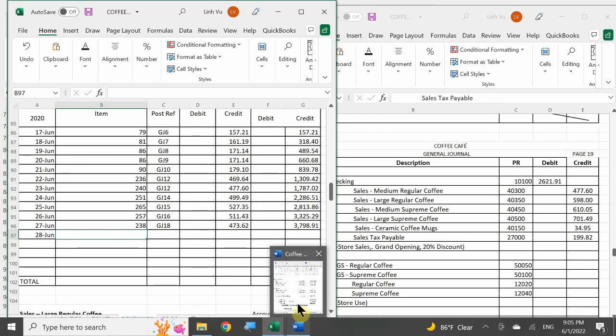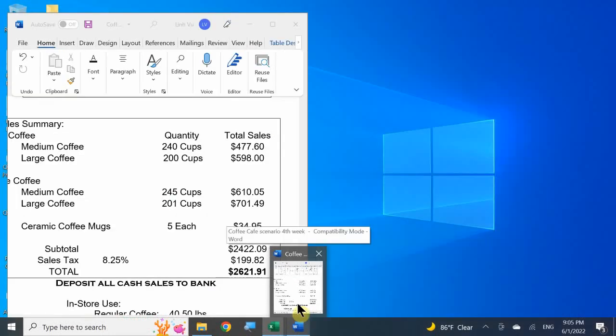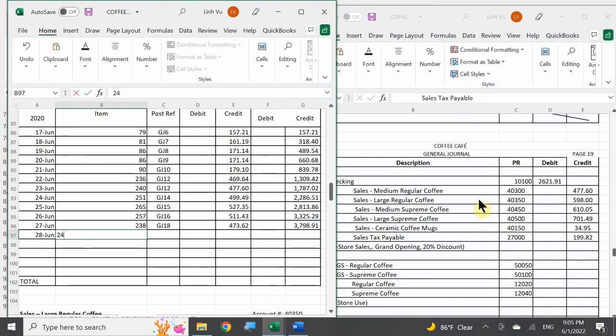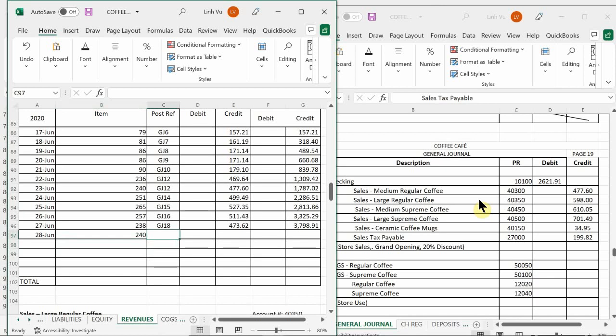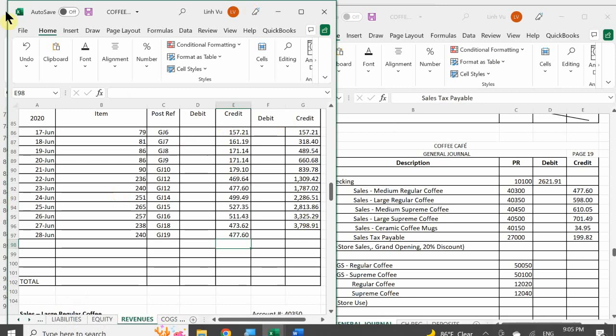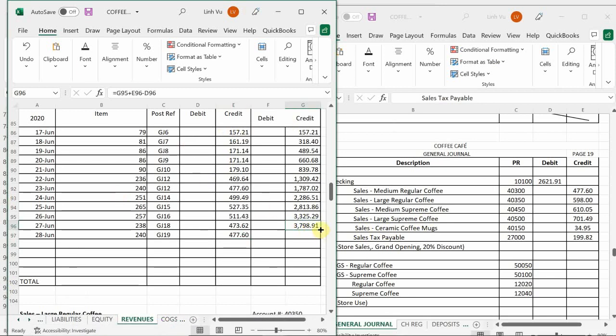I sold a total of 240 cups for a total of $477.60. And that's going to give me a grand total ending balance of $4,276.51.